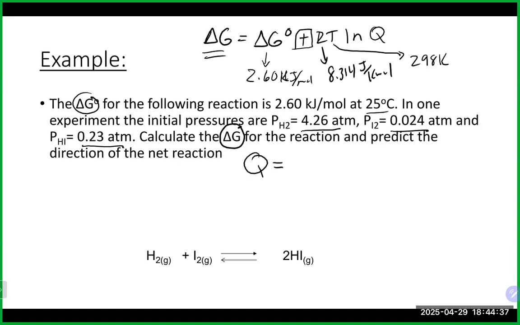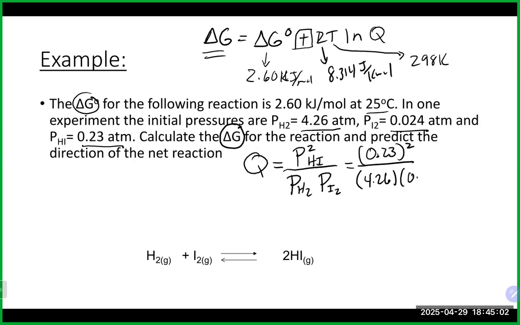We are dealing with pressure. So in this case, it would be the partial pressure squared of HI divided by the partial pressure of H2 times the partial pressure of I2. Putting in our values in the correct location, I think 0.23, and we want to square it, divided by 4.26 and 0.024.